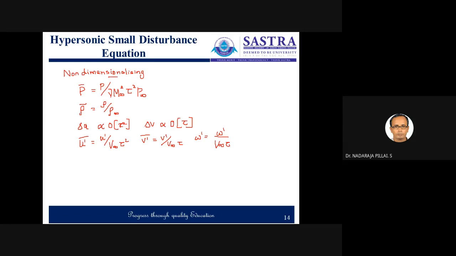Now let us define the non-dimensional quantities for the x, y, and z directions. The geometric quantity x bar is equal to x by L, y bar is equal to y by L into tau, and z bar is equal to z by L into tau.